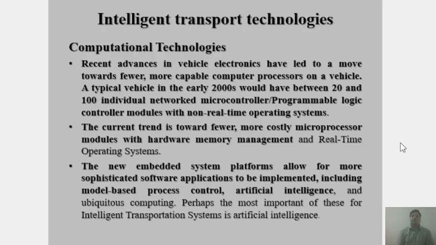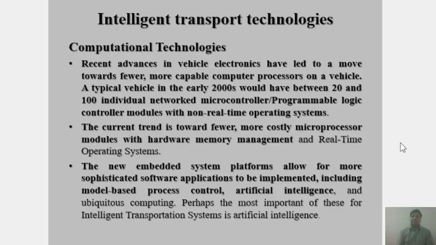So basically in the 2000s, many processors were installed on vehicles, and they were more costly because of more hardware and memory management, while supporting the real-time operating system. But with the new computational technologies, new embedded system platforms have come, with sophisticated software implemented, such that model-based processor control and the use of AI help in computing.